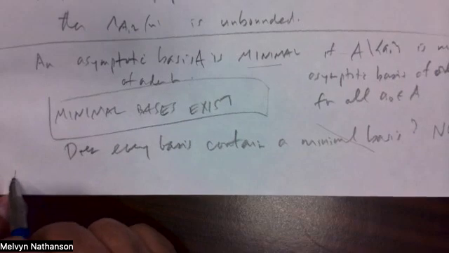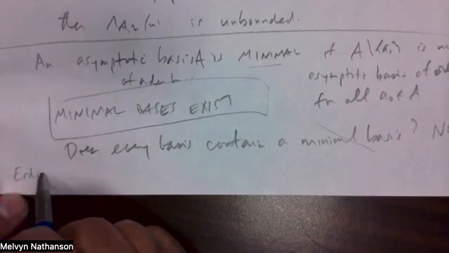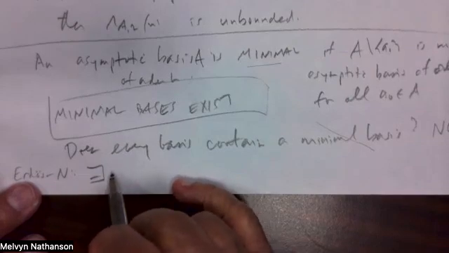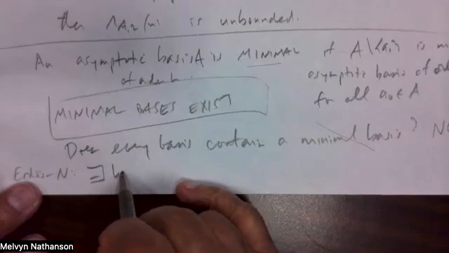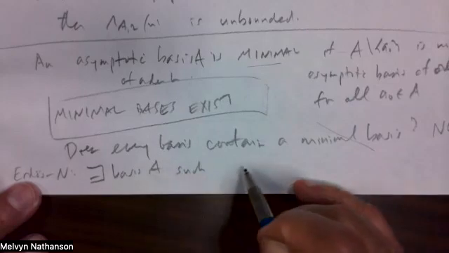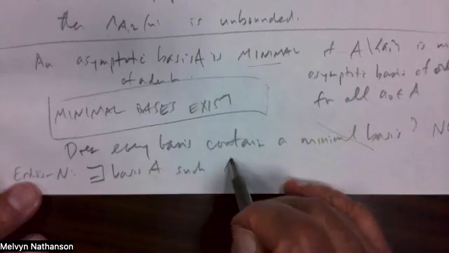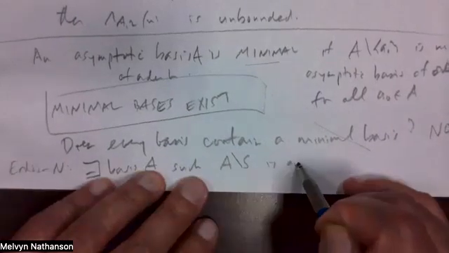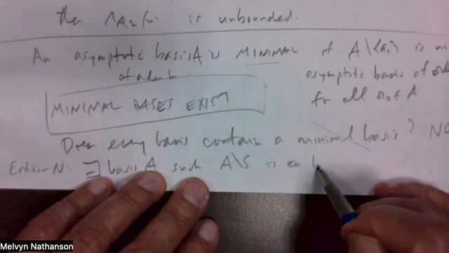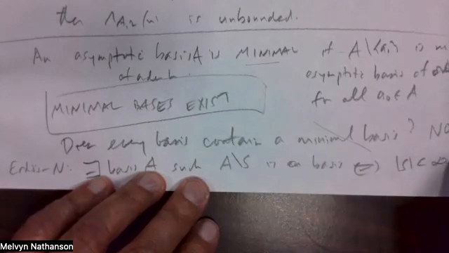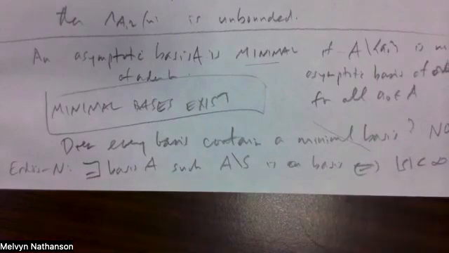This was due to Erdős and me from a long time ago. There exists an asymptotic basis A such that A with S removed is an asymptotic basis of the same order if and only if S is finite.